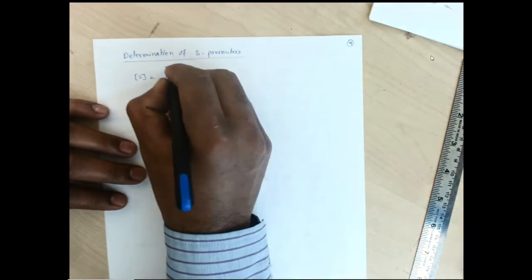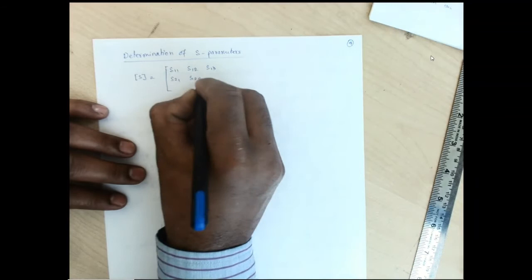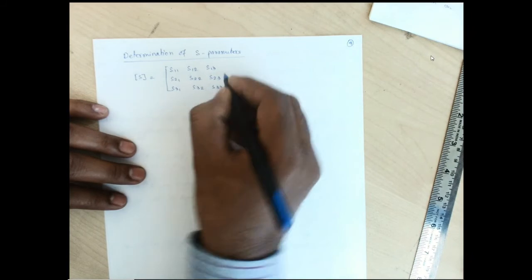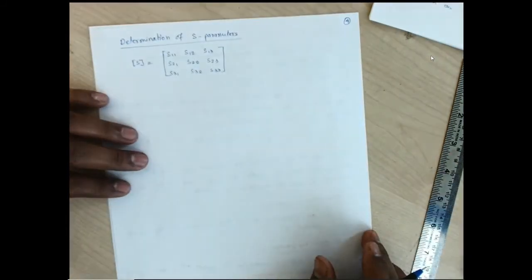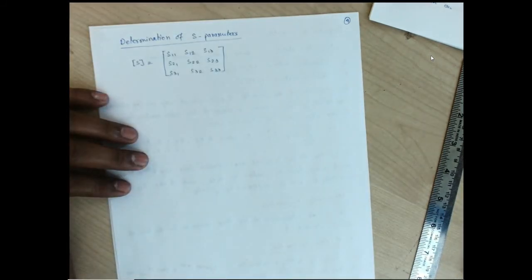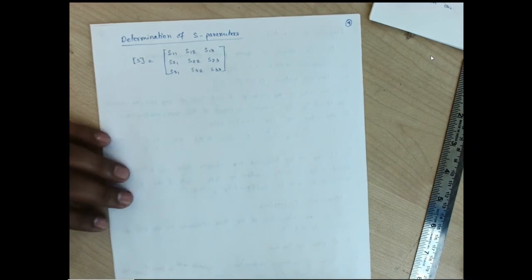It is 3 by 3: S11, S12, S13, S21, S22, S23, S31, S32 and S33. So these will be the parameters inside this S matrix. We need to find out the different values of these S parameters. So we need to apply all the properties and find out whether they are satisfied for the different conditions that exist on this structure.